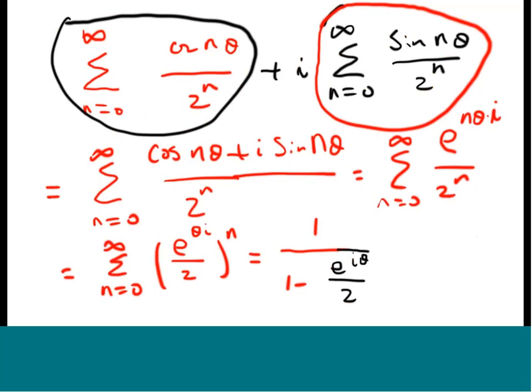So if this is the real part, you calculate the real part. So let's calculate the real part of this number, okay? That's probably easy enough. 1 minus, you get 2 minus cosine theta plus i sine theta.